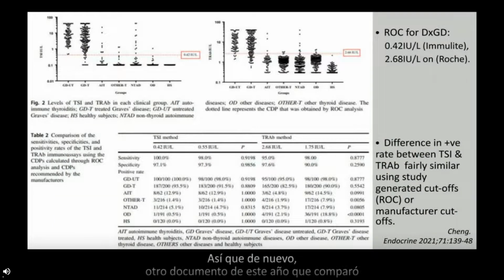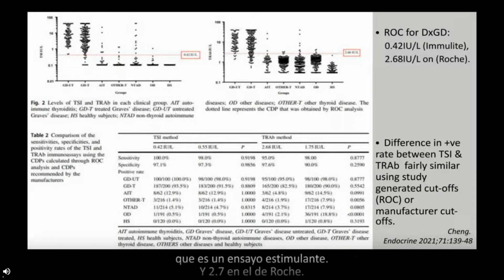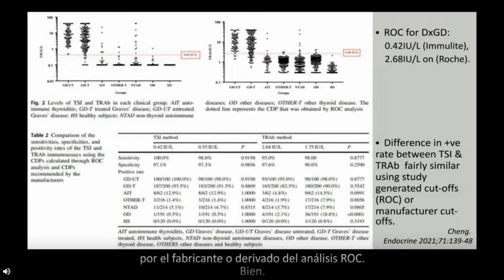So again, another paper this year comparing the Immulite and the Roche. The ROC cutoff for diagnosis of Graves' disease was 0.4 on the Immulite, which is a stimulatory assay, and 2.7 on the Roche. So the positive rate was fairly similar using cutoffs supplied by the manufacturer or derived from the ROC analysis.